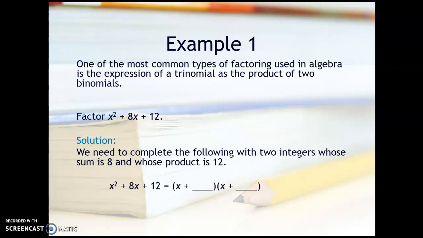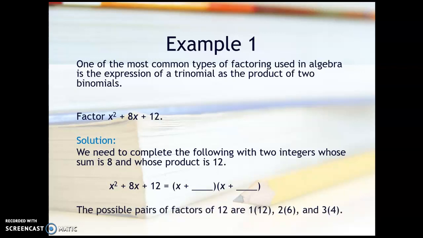So when I think about combinations of factors of 12 that add up to 8, I think 1 and 12 multiplied together equal 12, but they don't add up to 8. 2 times 6 multiplied together equal 12, and they do add up to 8. 3 times 4 multiplied together equal 12, but those add up to 7 rather than 8.